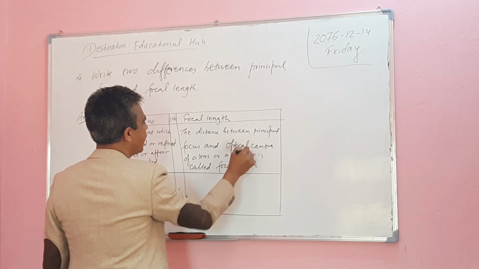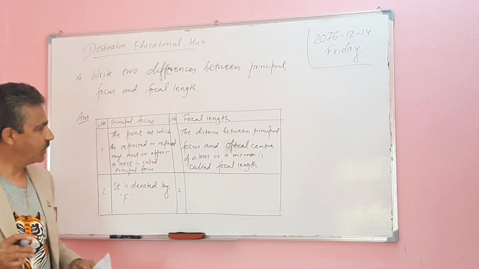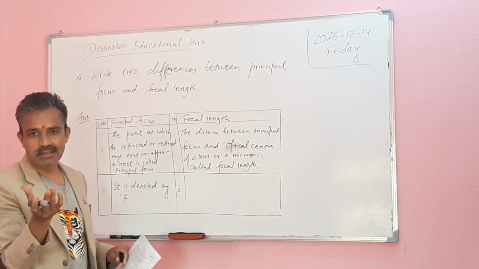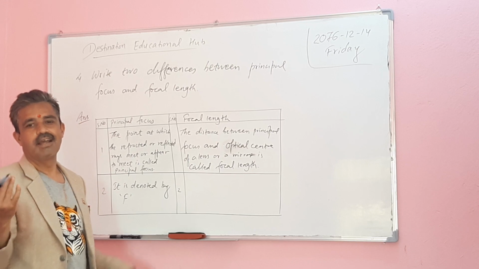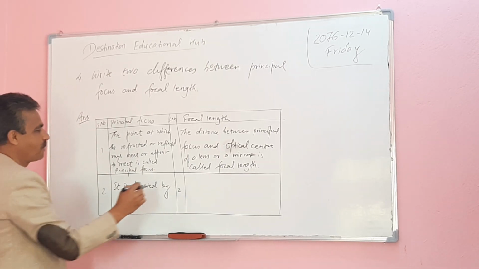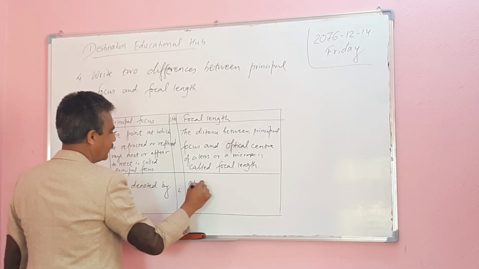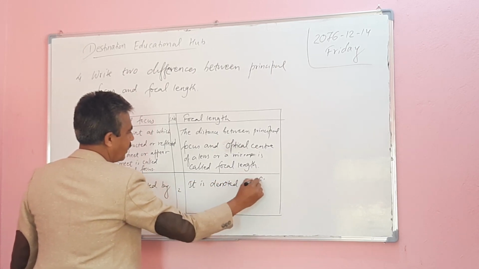Sometimes it is called a tongue slip. The tongue says one thing and the hand does something different. It happens to everybody. I am a human, it happens, don't worry. Okay, principal focus is denoted by capital F, and focal length is denoted by small f. But you should not make such mistakes, okay?